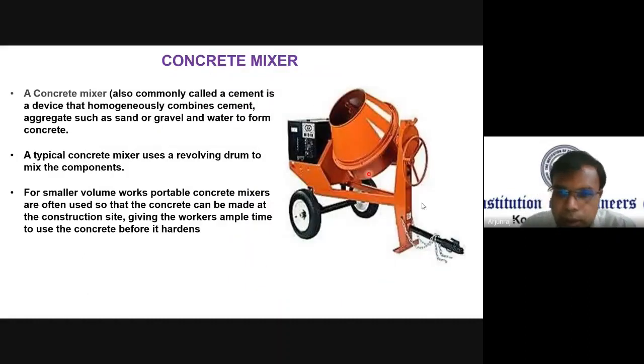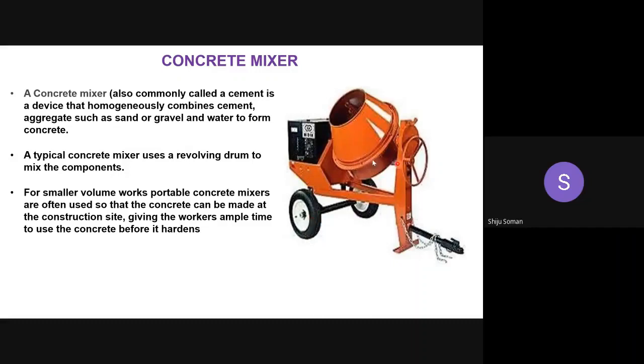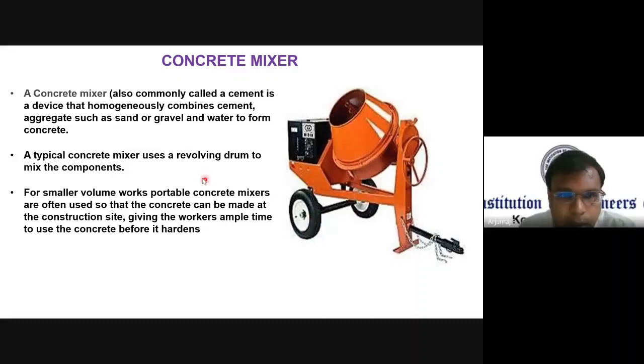This is the concrete mixer, and it is also called a cement mixer, where the cement is homogeneously combined with aggregates such as sand, gravel, and water to form concrete.